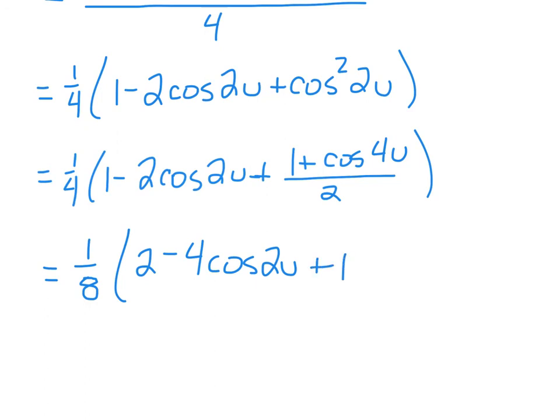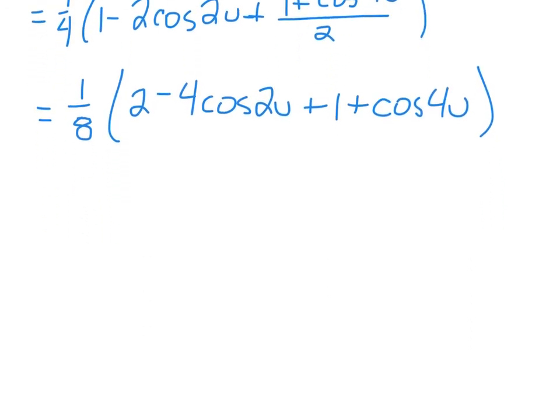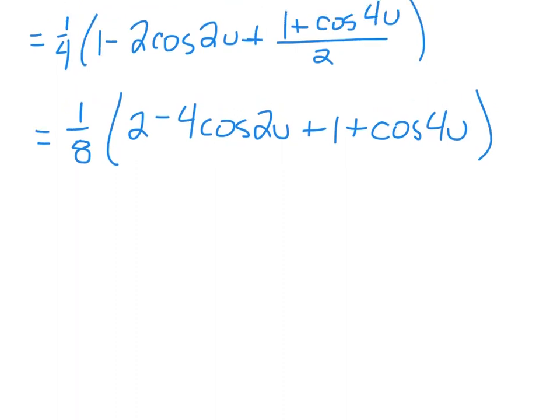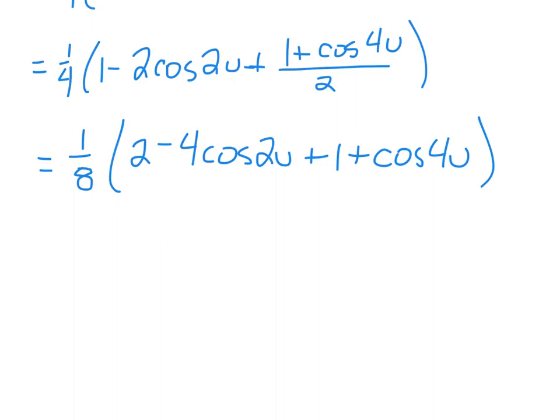And now we have 1 plus cosine of 4u, and I guess we can combine another term, so I guess it is kind of nice. And it is really easy to check. It's weird to do that kind of factoring at first, but if we distributed 1/4 to 1, we'd get 1/4. So if we distribute 1/8 to 2, we better still get 1/4, and we do.